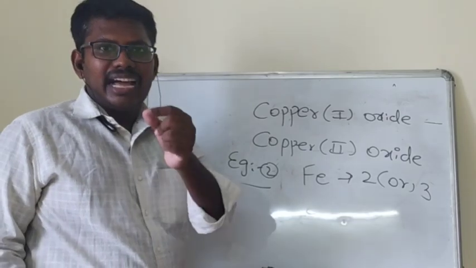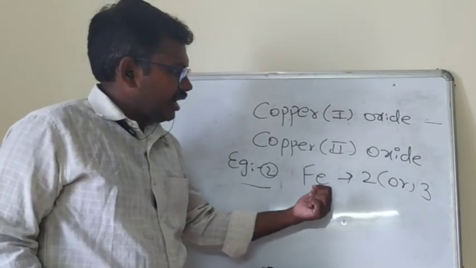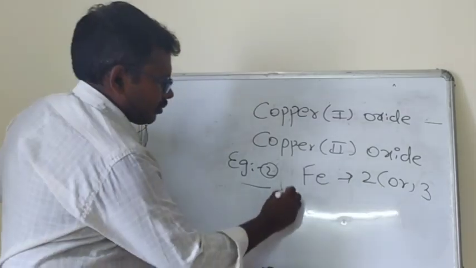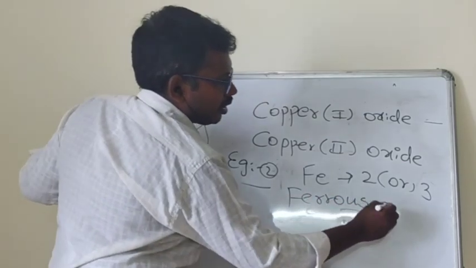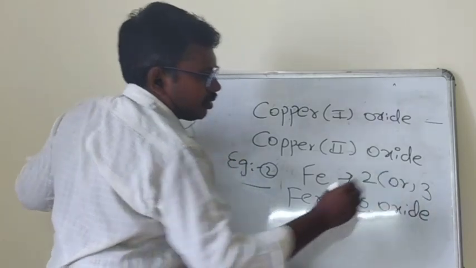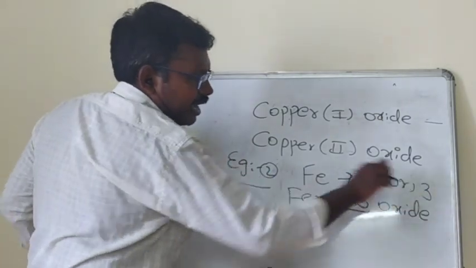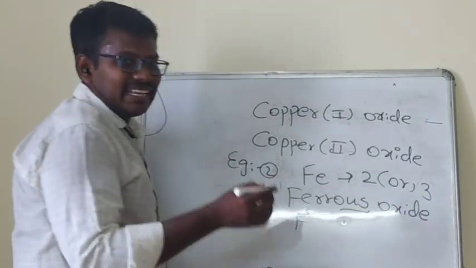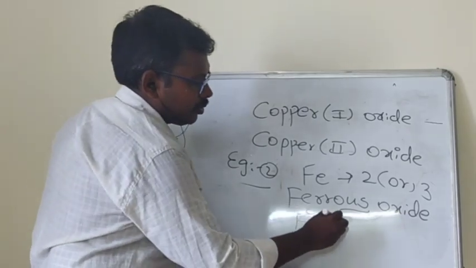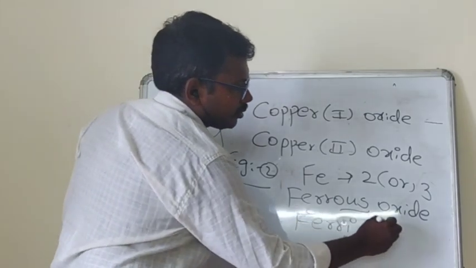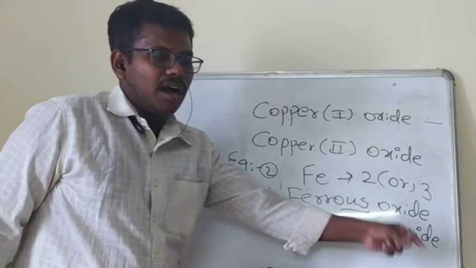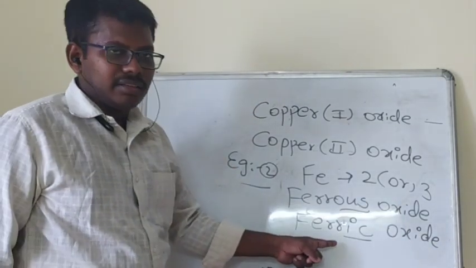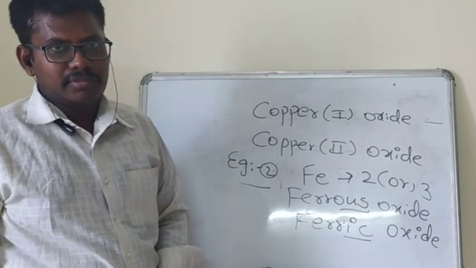Simply write "ous" as suffix at the end of the metal. So ferrous oxide. Next, if the valency is 3, write "ic" as suffix. So ferric oxide, ferric oxide.